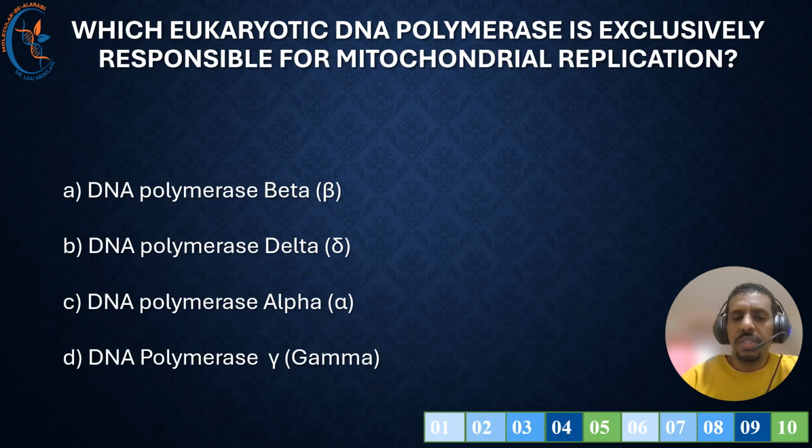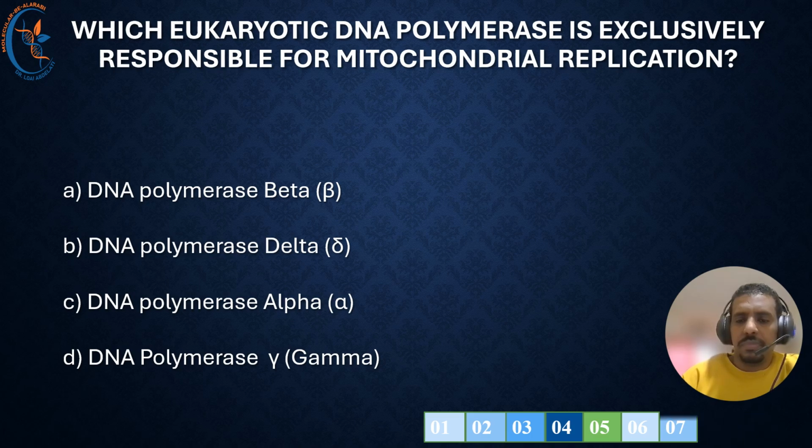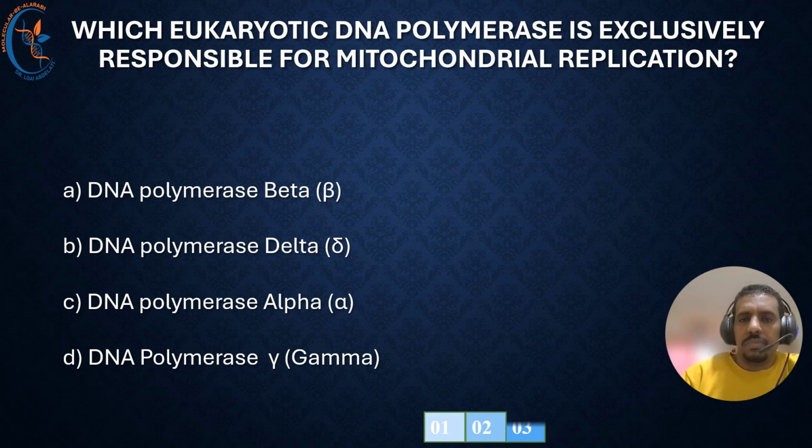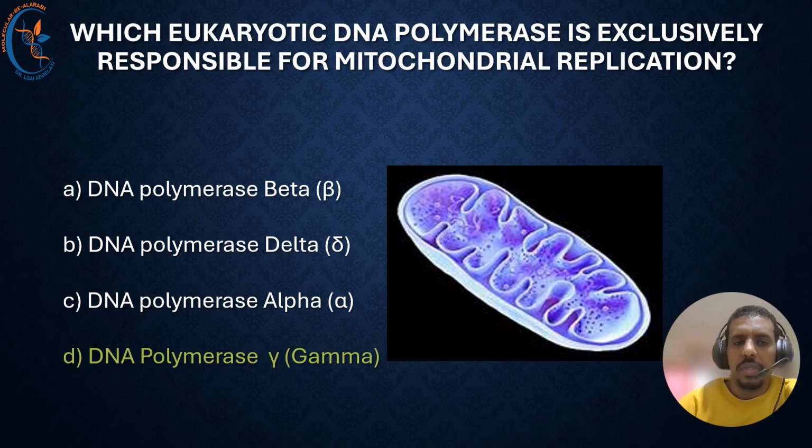Here is the question. Which eukaryotic DNA polymerase is exclusively responsible for mitochondrial replication? The eukaryotic DNA polymerase exclusively responsible for mitochondrial replication is polymerase gamma.